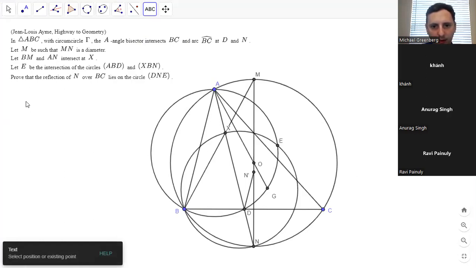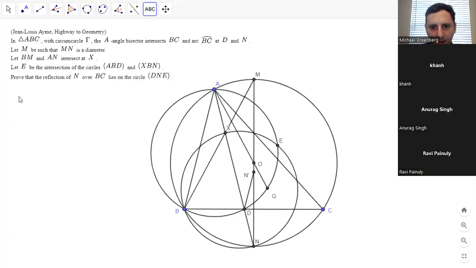So I'll say, let AO meet the circle ABDE at G. Because angle BEN is the same as angle BXN, and that's half of arc AM plus half of arc BN. And I think that should be easy.